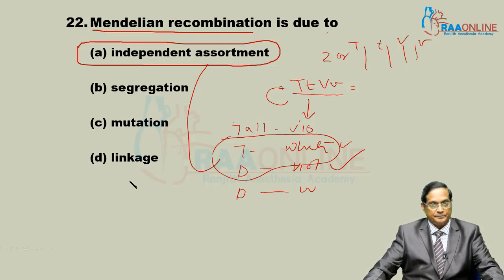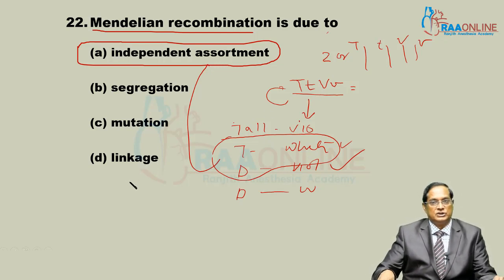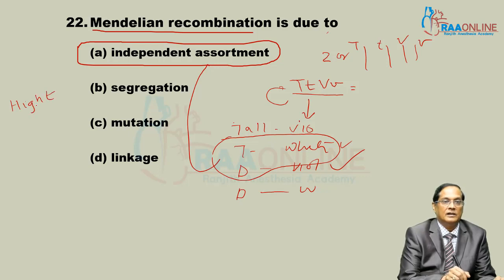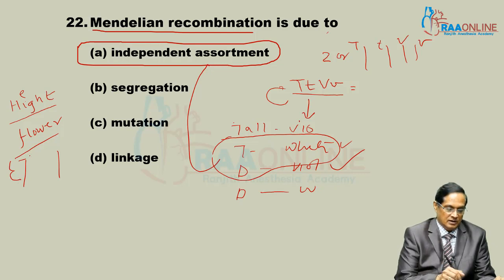That is known as independent assortment. In this case, height and flower color, if their factors are not on the same chromosome.